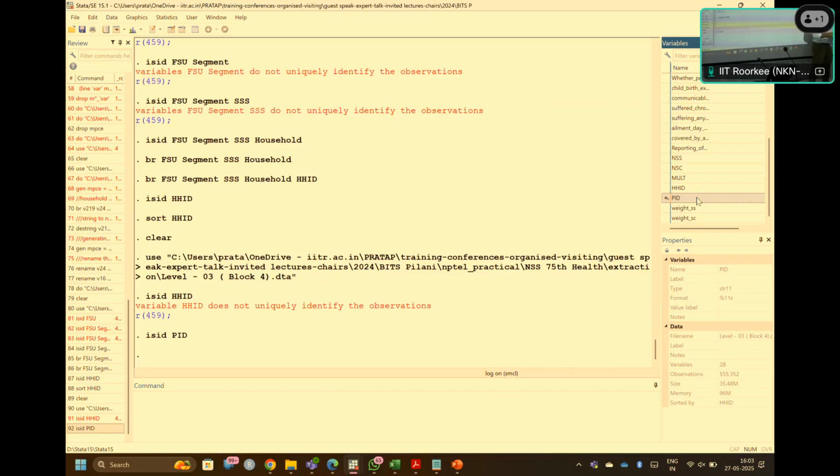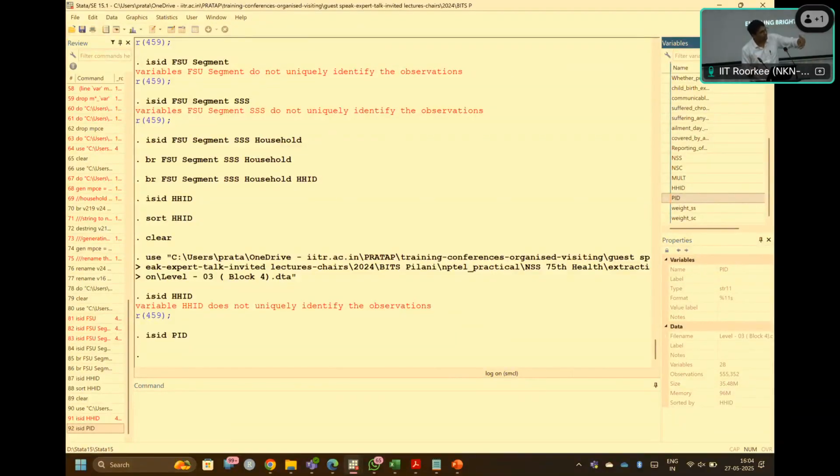So if I go by this approach to merge, the command should be m is to 1. If I go by the reverse, it will be 1 is to m. If both files are at household level, then it will be 1 is to 1. If both are with household level indicator, there is no question of split of the members, so the command would be 1 is to 1.